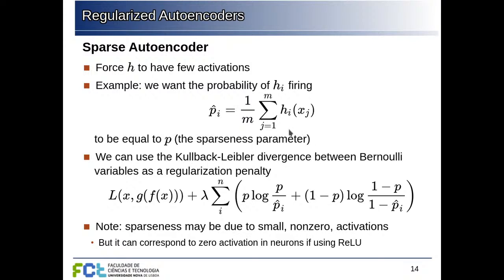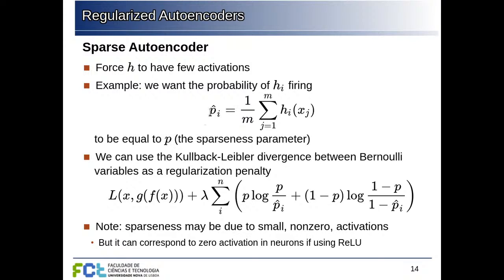We can compute the mean value of the activation of that neuron i for each of these examples. So if we present 100 examples and the average there is, say, 2%, then we have this neuron firing on average 2% of the time.